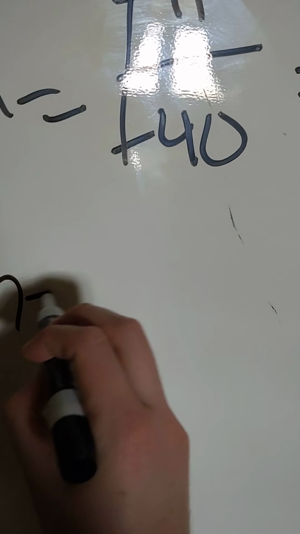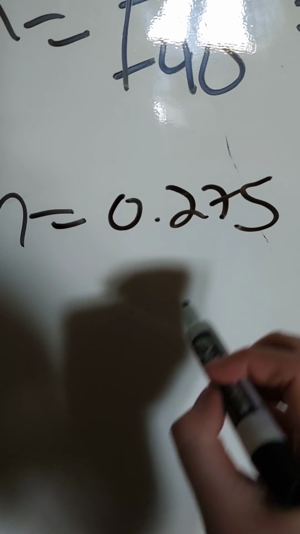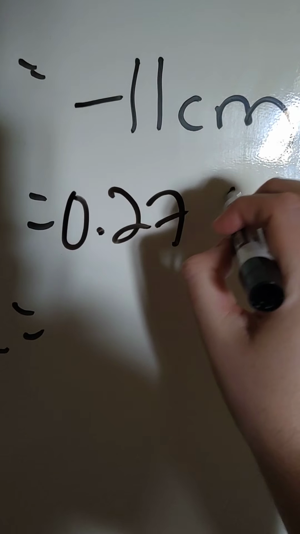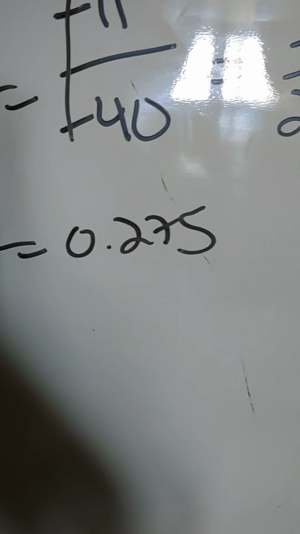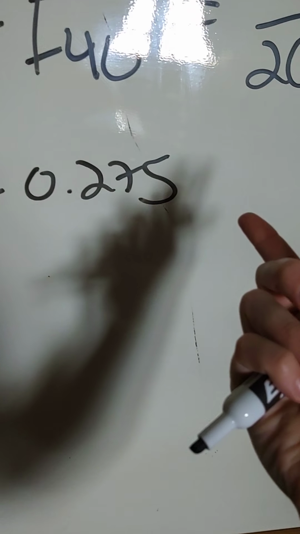So M equals 0.275. We know that now. And then one of the things that you could do, which is practically what we are going to do, I'm going to use the same equation because it just keeps going down: equals I over 20.